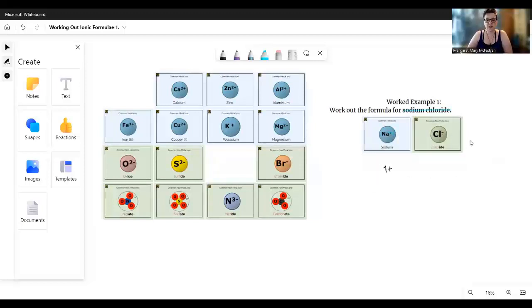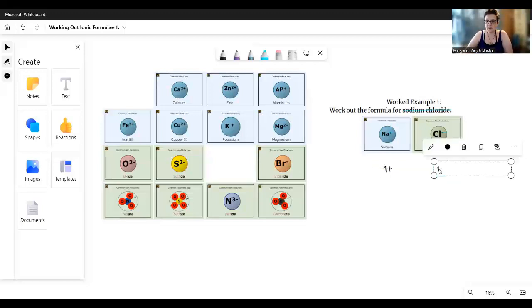And if we do likewise with the chloride, we see here that it has a negative charge. Again, no number means that there's only one of them. So a negative charge means there's one negative charge. So I'm going to write that down underneath the chloride, just to make sure we're quite clear that we have one negative charge.